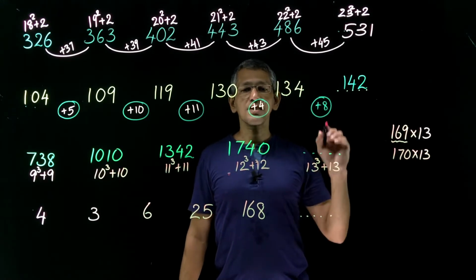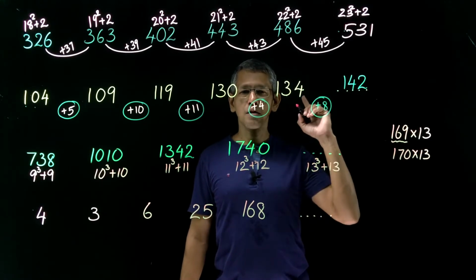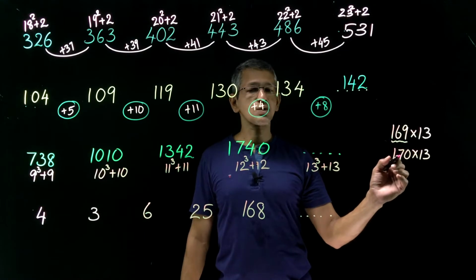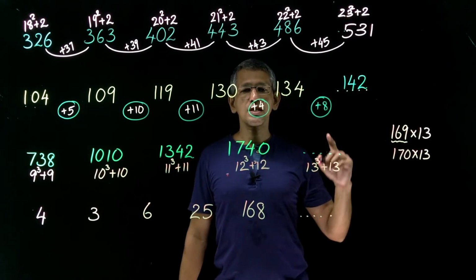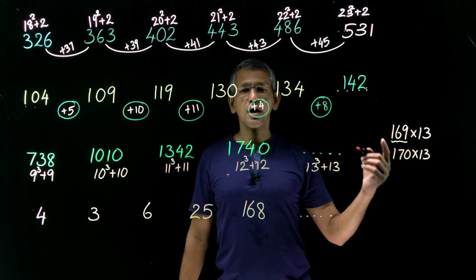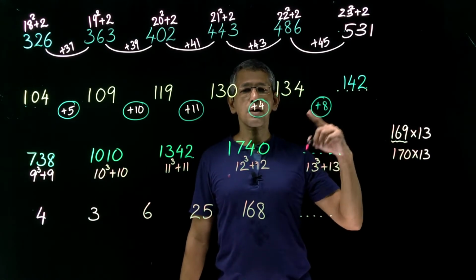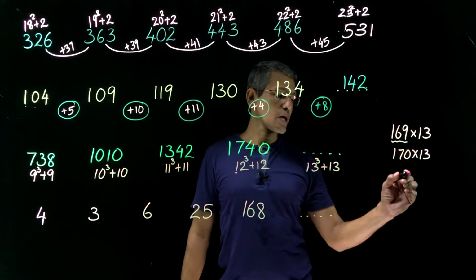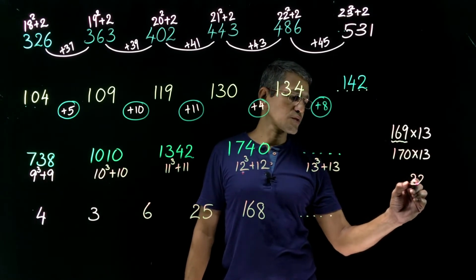170 into 10, 1700. So save it in your memory, 1700. Balance is what? 170 into 3. 17 into 3 is 51. So 170 into 3 is 510. So 1700 plus 510 is 2210. So the answer we are getting is 2210.